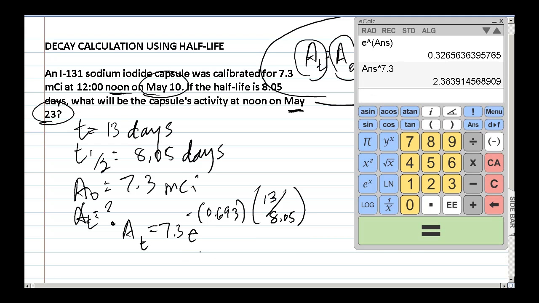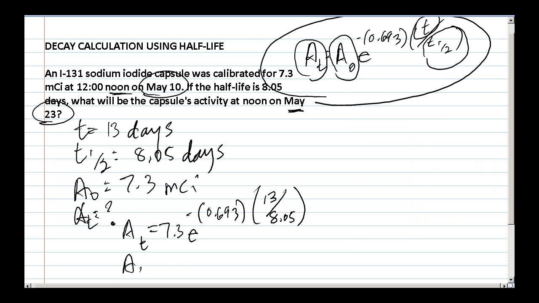And that should be my answer, 2.4 millicuries. So A_t equals 2.4 millicuries.